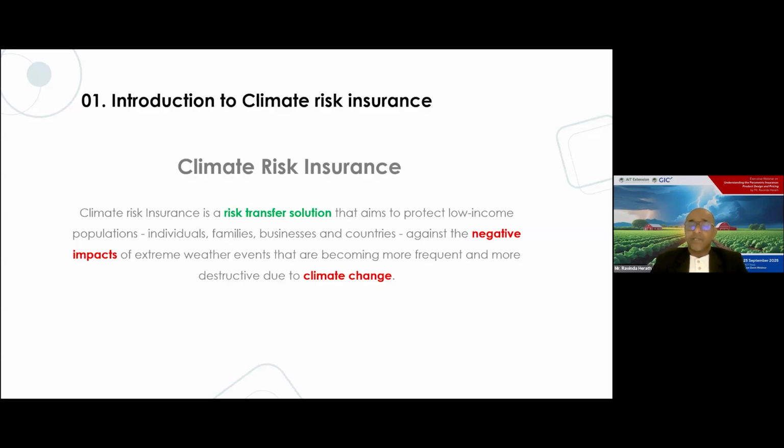So we are discussing the importance of climate risk insurance to overcome the risk faced from the negative impact of extreme weather events, and how parametric insurance can give the best solution for climate change.